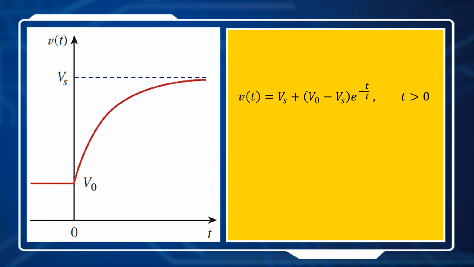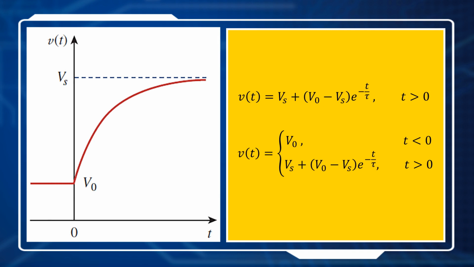And finally, we can write the full solution as below: V(t) equals V0 when t is less than 0, and V(t) equals Vs plus (V0 minus Vs) multiplied by e to the minus t over tau when t is greater than 0. And we can find the curve in the graph.